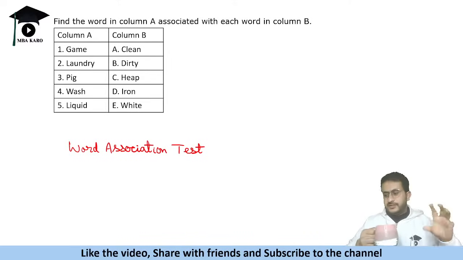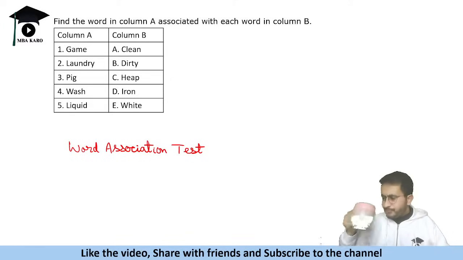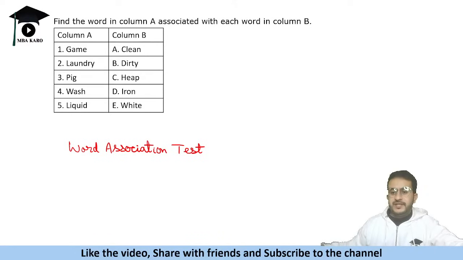Now this is quite a tricky question, because some of the words you might know how they match, but sometimes it could be synonym, antonym, sometimes some idioms or phrases. Sometimes it could be prefix, suffix, compound word.